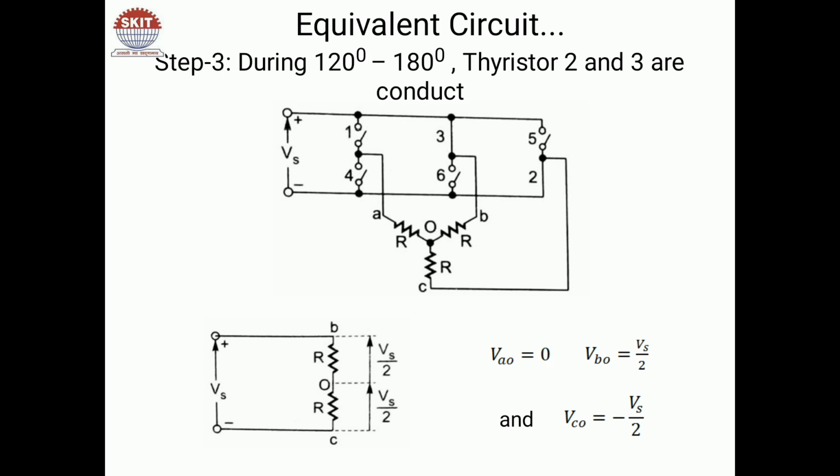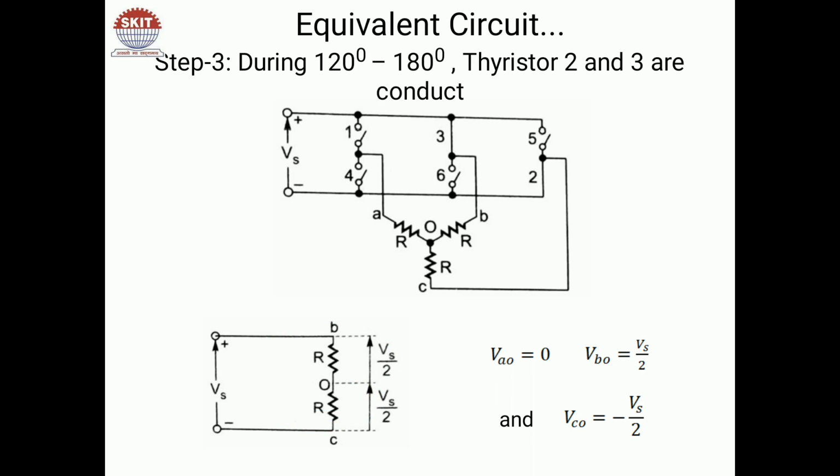This is step 3. Step 3 starts from 120 degree to 180 degree. In this step, SCR T3 and T2 will conduct. So you can see this is the equivalent circuit diagram for step 3.